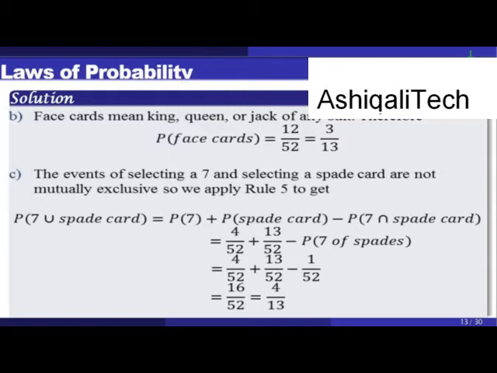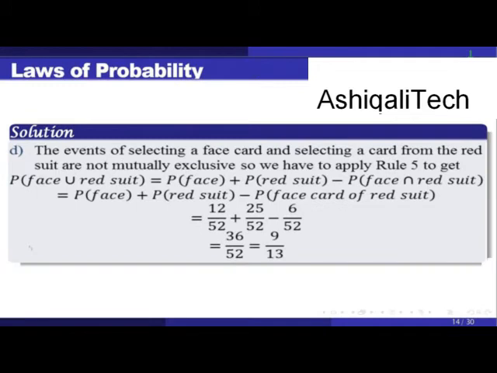Similarly, there are 13 spade cards, so probability will be 13 over 52, and minus probability of 7 and spade card means 7 of spades. So it is only 1, therefore it will be equal to 1 over 52. So we get 4 over 52 plus 13 over 52 minus 1 over 52. So that is 16 over 52 or 4 by 13.